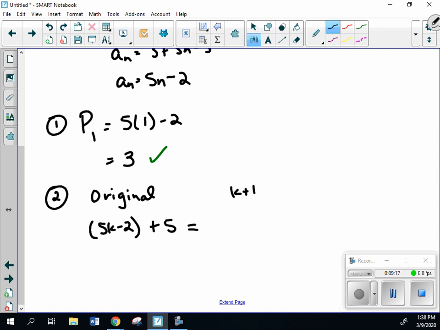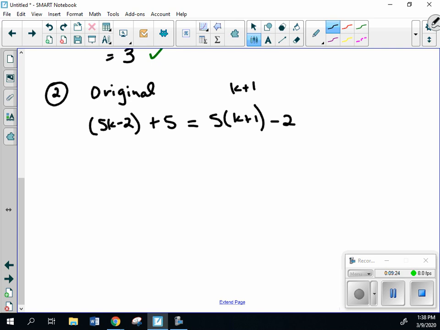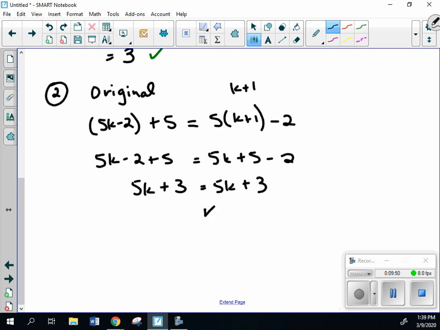So we will have 5 times k plus 1 minus 2. So we just need to simplify this and show that the original formula for that previous term, plus 5, equals what we get when we plug in that k plus 1. So 5k minus 2 plus 5 ends up being 5k plus 3. No questions asked. Over here on the right side, I've got 5k plus 5 minus 2. Looks pretty darn similar. Check.